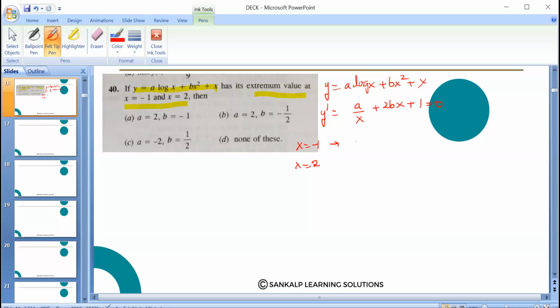You put x equal to minus 1. So minus a minus 2b plus 1 is 0. Put x equal to 2. A by 2 plus 4b plus 1 equal to 0, or a plus 8b plus 2 equal to 0.